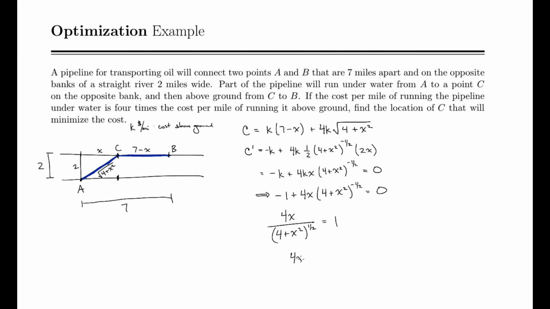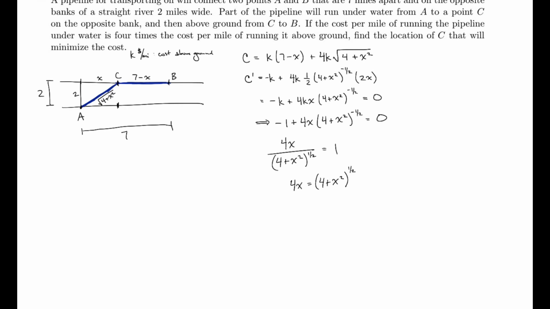Which means that 4x needs to equal 4 plus x squared to the 1/2. And we can simplify that by squaring both sides. So we get 16x squared equals 4 plus x squared. All right, so we can subtract the x squared over. We get 15x squared equals 4. So x squared equals 4 over 15, and then take the square root. So x is plus or minus 2 over root 15.